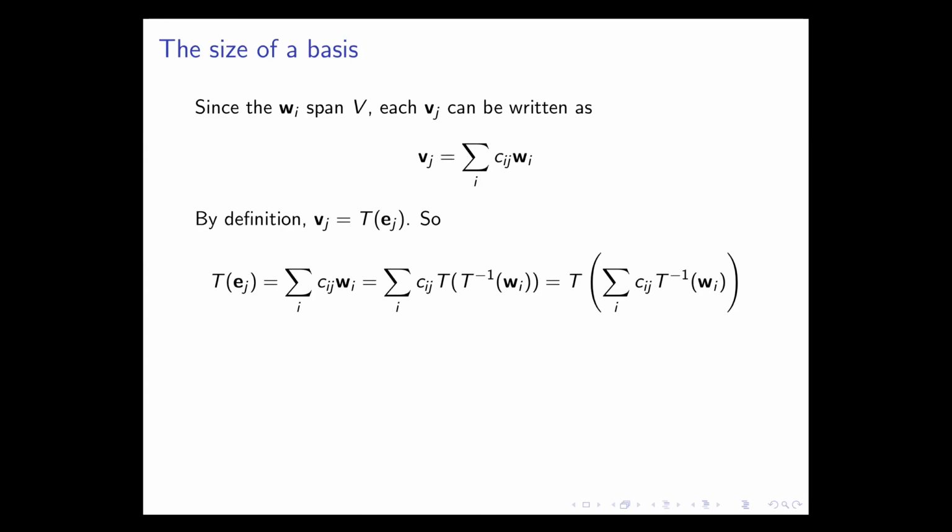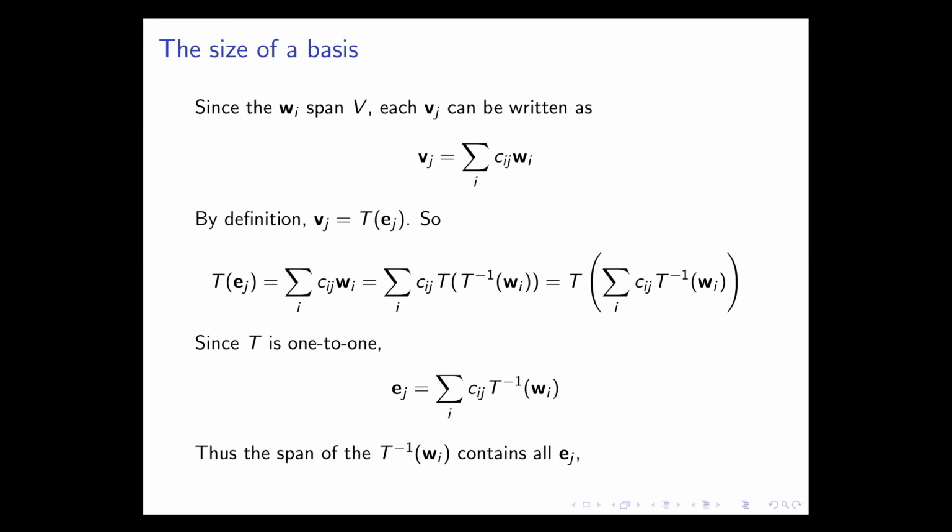So T of ej is equal to Vj, and using the top formula that is equal to the sum of Cij times Wi, and then Wi is equal to T of T inverse Wi, and then we can move T up front to get this.